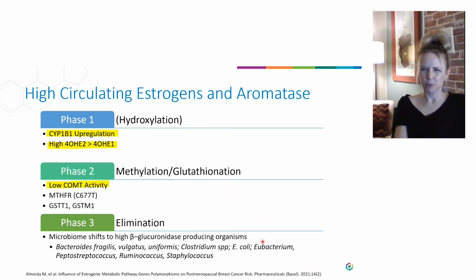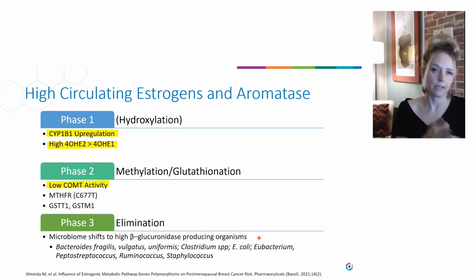Phase 3 detox, we're not really looking at on a Dutch test, but you can assess somebody's elimination sometimes by getting a good digestive history on them. You can do stool testing. You can look for organisms that are high beta-glucuronidase producing organisms.